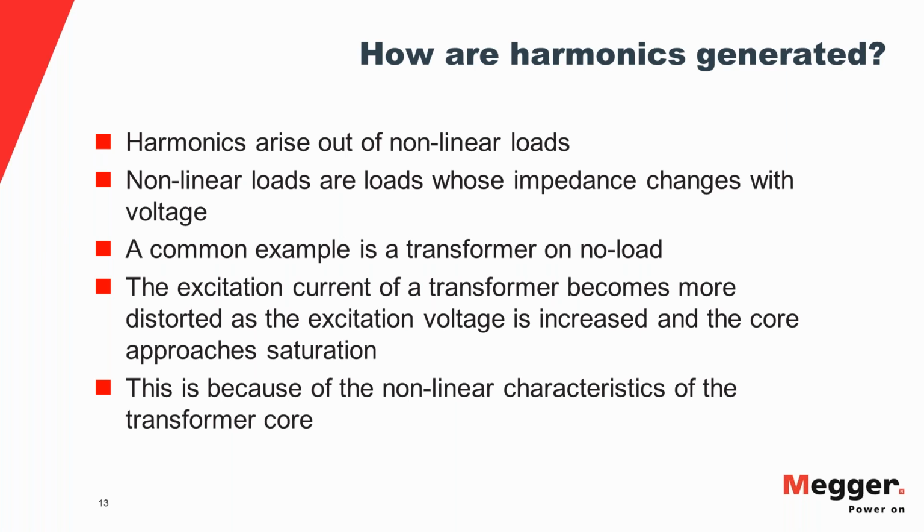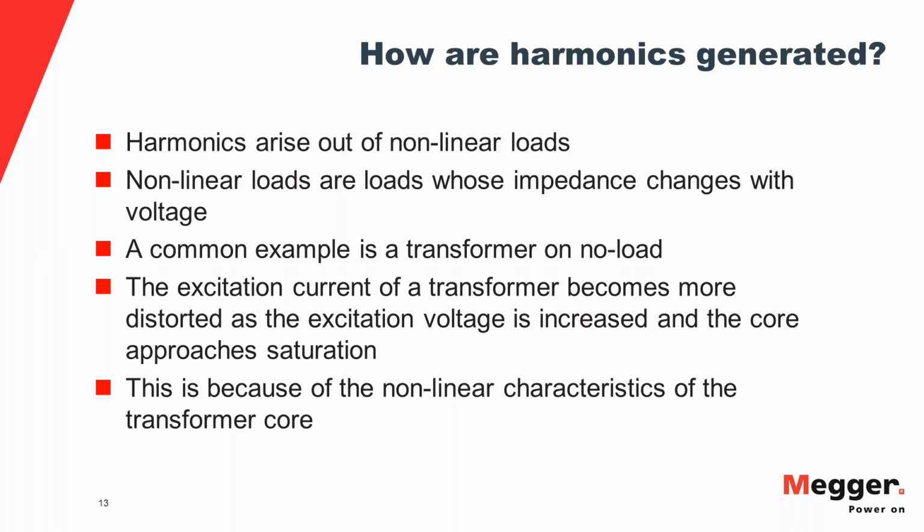Non-linear loads, on the other hand, the impedance changes with voltage. An example is a transformer on no load. If you take a transformer with its secondary open and apply voltage across it, and continue increasing the voltage, the relationship between the voltage and the current it draws, the exciting current, will be linear at low levels of excitation.